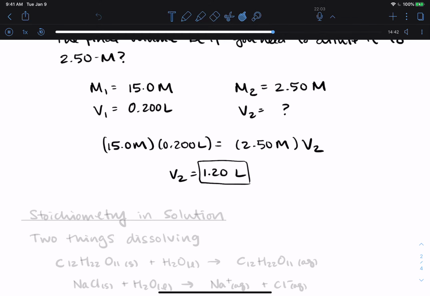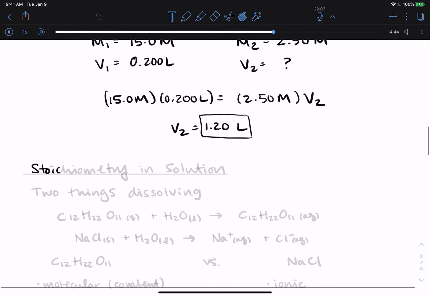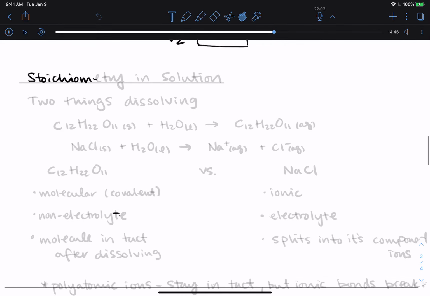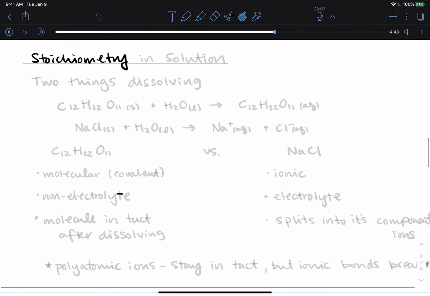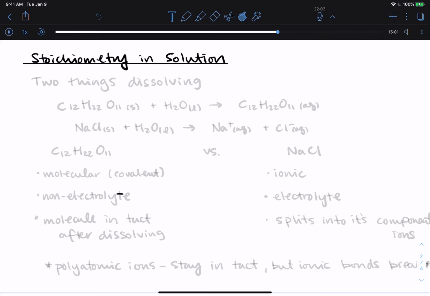And stoichiometry in solution is the last point in this video. And it is related to some of the other stoichiometry we have already done. So for example, when we were doing combustion analysis, we used the fact that one molecule of carbon dioxide had one carbon atom in it.